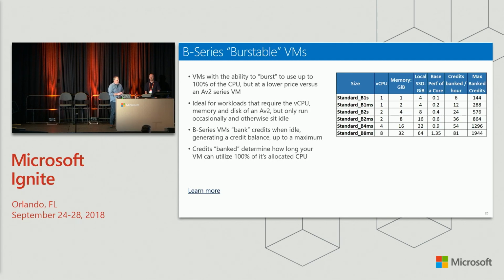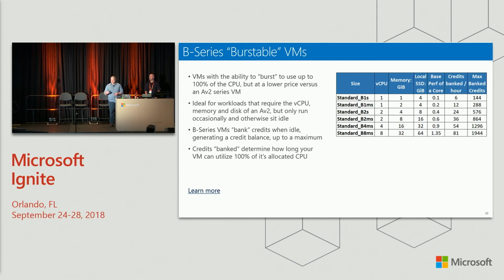But the idea with burstable is it's for workloads that aren't being used constantly. They're not targeted at your HPC workloads where you're doing a ton of number crunching. They're targeted at smaller websites that are hit infrequently, or potentially a developer workstation. When the machine is idle and running below that baseline, it starts to accumulate credits. That's what you see in that second to last column: the amount of credits the size accumulates each hour.